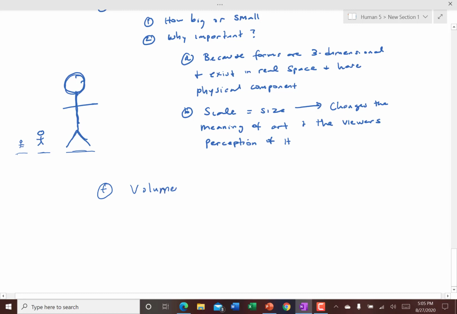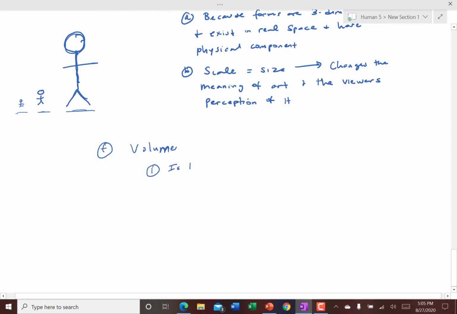And then you have volume. Volume is the amount of actual space a form occupies.